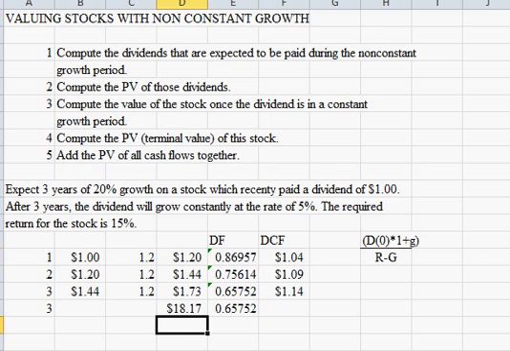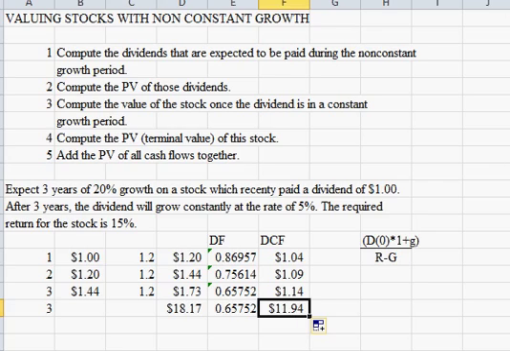And so our terminal value on that stock is 18.17. So if I were going to purchase or sell this stock in 3 years, I would expect to get a price of 18.17. But again, because of the discounting, it's not worth 18.17, it's only worth 11.94.